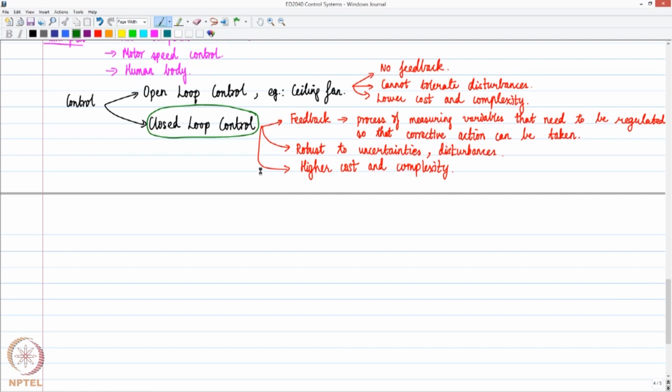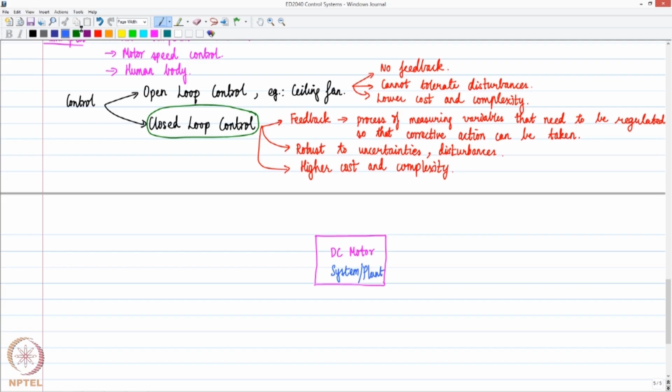So, let me just construct an example to explain what we did. Suppose let us say we have a DC motor, right. So, the DC motor is our system, or plant.